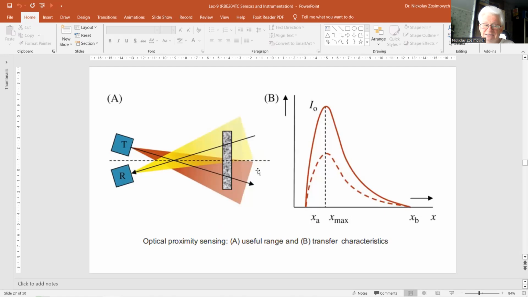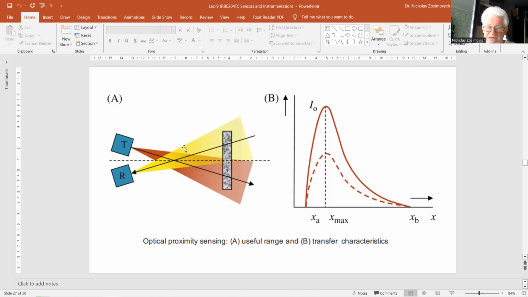The optical axes make a fixed angle, as can be seen in figure A on the left part of the slide. And light can only travel from transmitter to receiver when the reflecting target falls in the area where the directivity curves of the transmitter and receiver overlap.